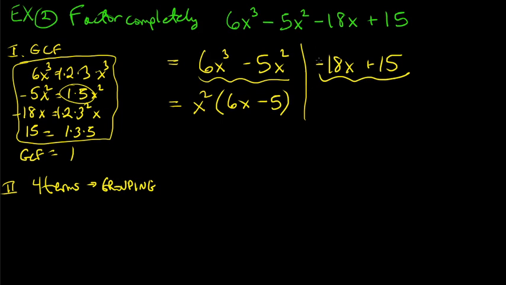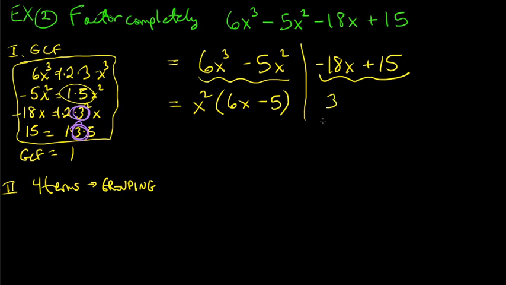Now we go to these 2 over here, the negative 18x plus 15. So 18 and 15, if you look here on the left, they both have a 3 in common. So 3 is the GCF for 15 and 18.